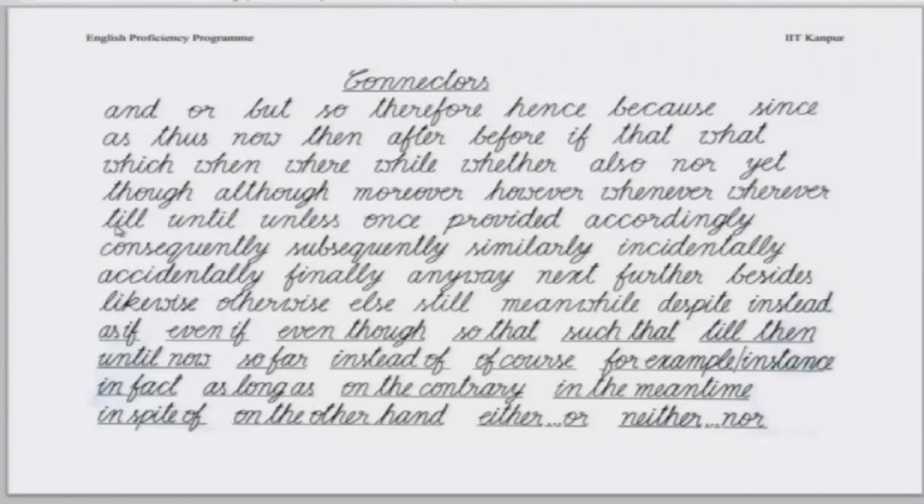Continue here. Till, until, unless, once, provided, accordingly. What is the difference between until and unless? Until और unless में फ़र्क क्या है? Until मतलब कि जब तक ये समय ना हो जाए. Until makes a reference to time and unless is just a condition.